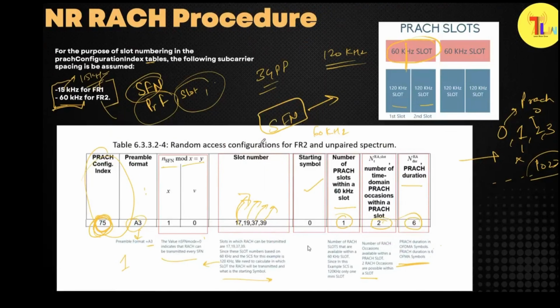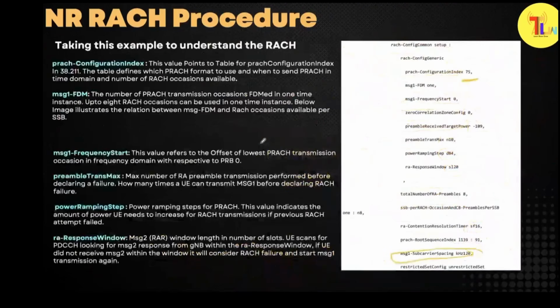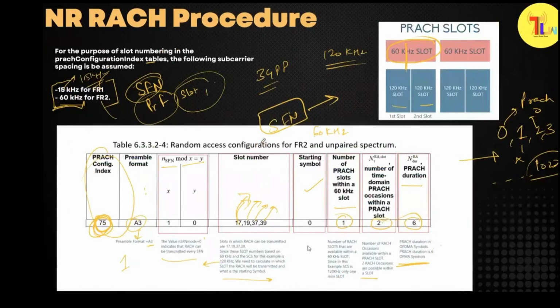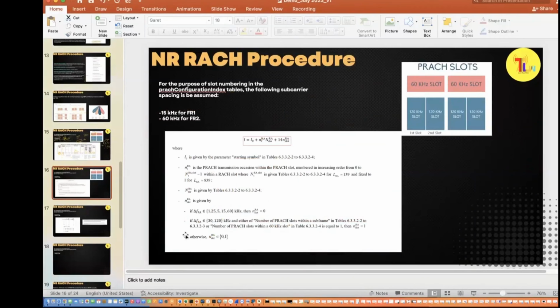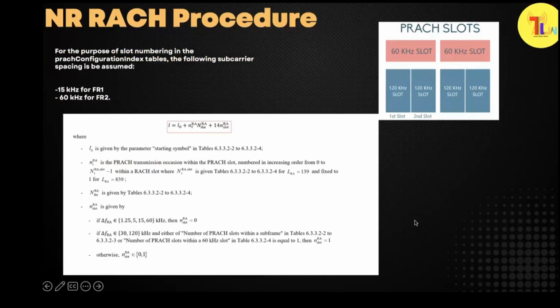Okay, there is a formula to calculate this. L0, let me showcase it. It decides how we will be calculating in which slot it will be coming.